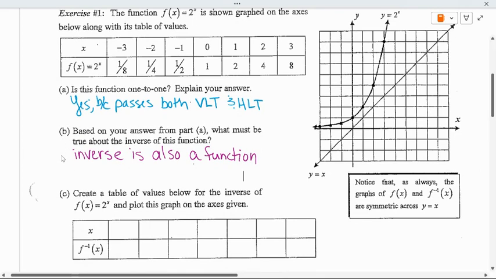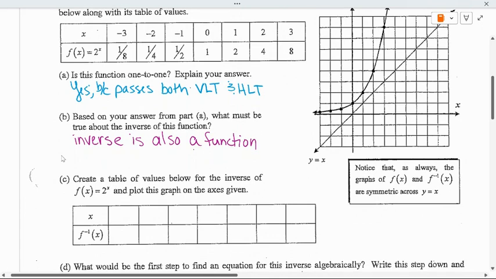So we have to create a table of values below for the inverse of f of x equals 2 to the power of x. So remember, if we want to create an inverse, and we're already given a table of values of the function, all you do is trade spots with the x and the y. So x is now 1/8 and y is -3. X is now 1/4 and y is -2.